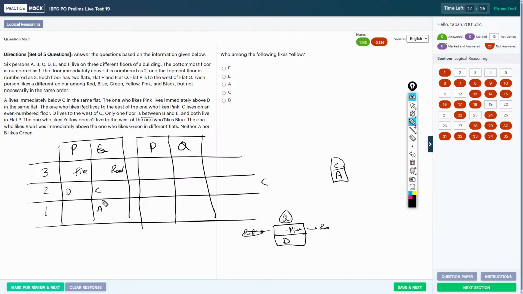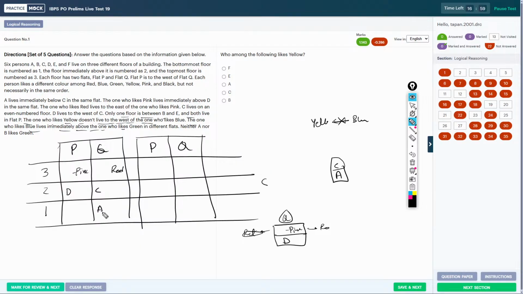Only one floor between B and E. Okay, B, E here, both live in flat P, definitely. The one who likes yellow does not live to the west of blue. The one who likes blue lives immediately above green, but on different flats.